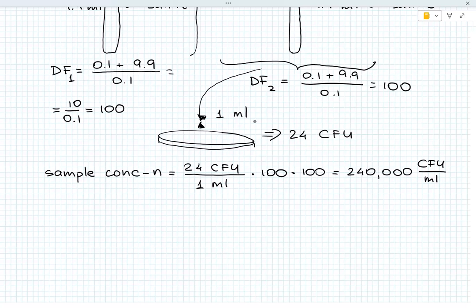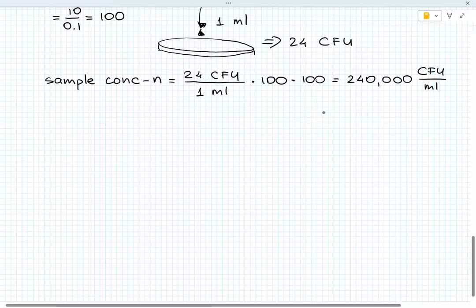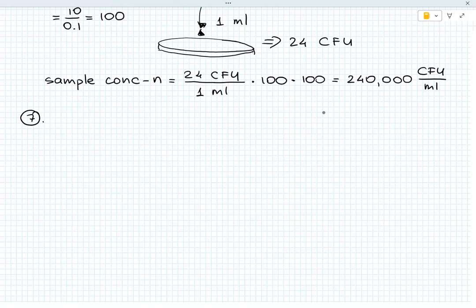Okay? And the seventh problem. I can tell you that nothing more complicated than problem number 7 can be on your lab quiz regarding the dilutions. So this is the absolute ceiling. What is the volume of initial sample? 1 ml.